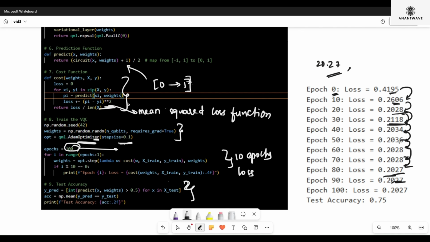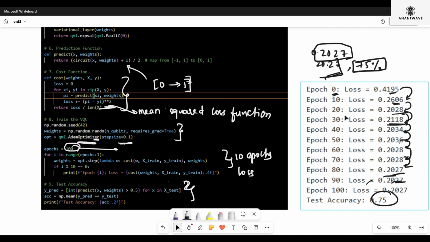So we'll calculate the accuracy here. We got an accuracy of 0.75, that is 75% accuracy, with a loss of 0.2027, as we applied 100 epochs. The loss may decrease and test accuracy may increase with more epochs, but here we are stopping as the loss is constant.